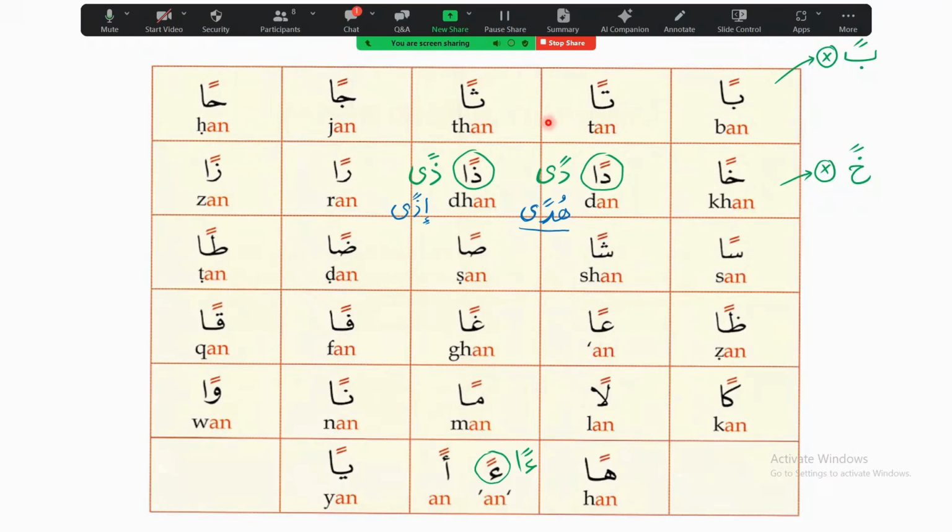And the exception can be this dal as well, with the tanween of fathatain, that you might see a ya written, and same is the case with this letter, that you will see a ya written after that. And you'll have to look for the hamza as well sometimes, that you might not find the aleph written here. And sometimes you might do that as well in this case when it's written like this, inshallah.